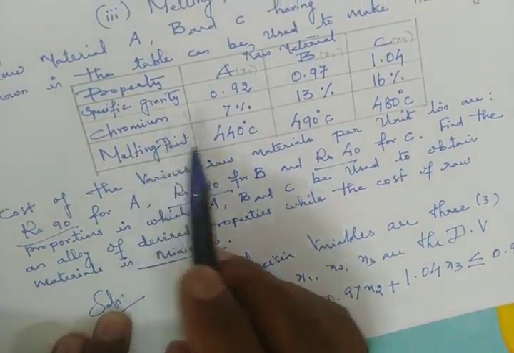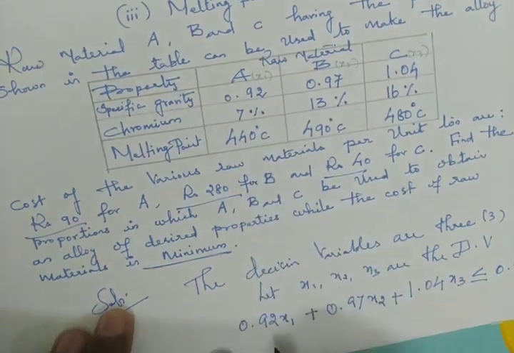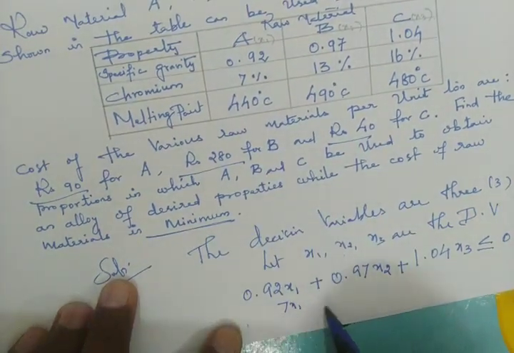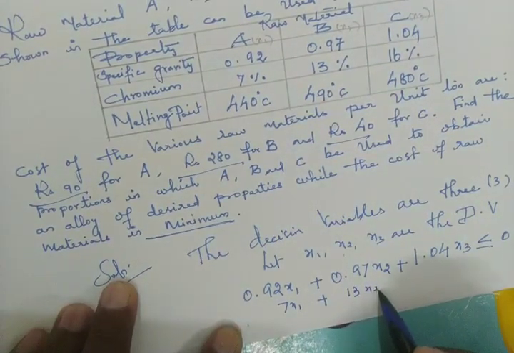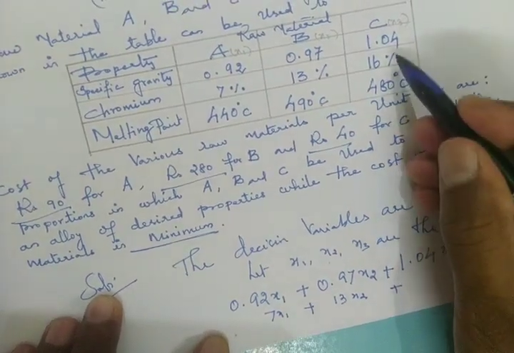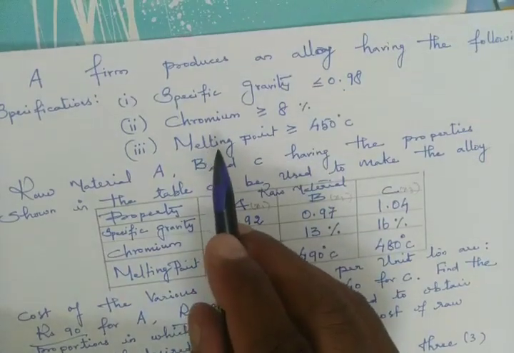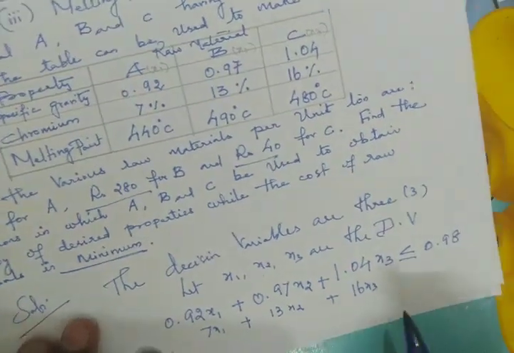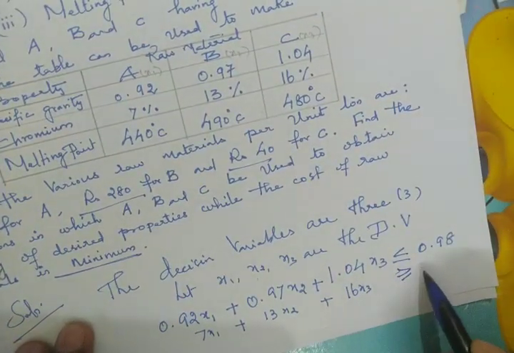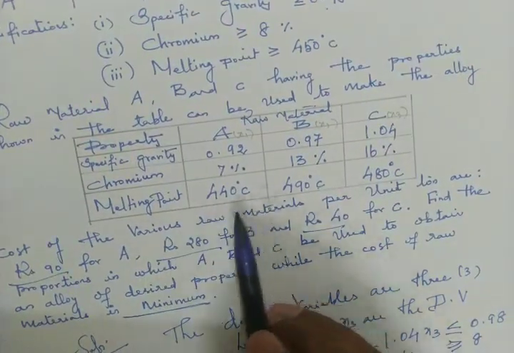Next, the chromium for product A is 7%. So 7 into x1 plus 13 into x2 plus 16 into x3 is greater than or equal to 8%. Forming the chromium constraint, you put the inequality greater than or equal to 8. Now the third, melting point of each product.